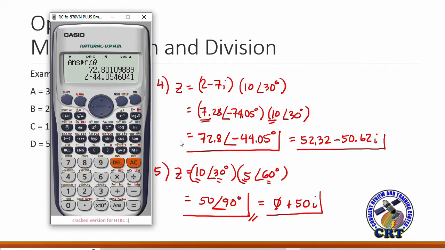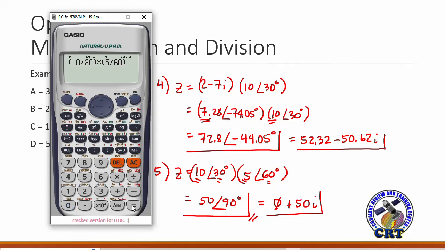Let us check our answer for number 5. So press AC in your calculator. But since we are already in the complex mode, just key in the given operation. And this is 10, angle of 30, times 5, angle of 60.